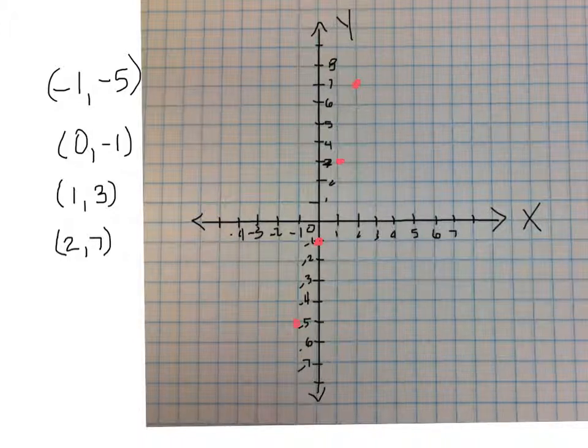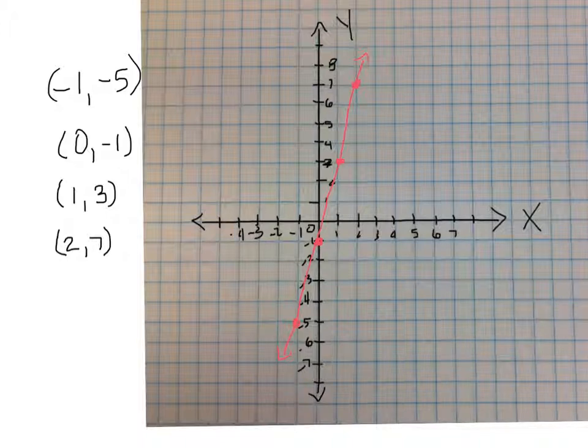Now, since these points are based upon the domain that you chose, this would be continuous data. So we will draw a line through the points, since you could choose any point you wanted.